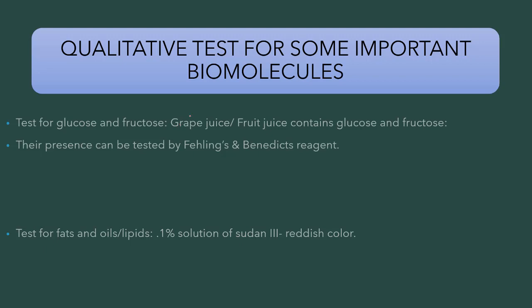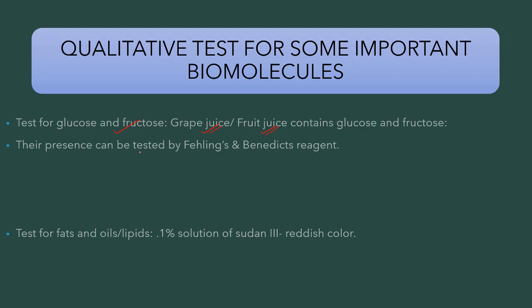Their presence is tested by Fehling's test for glucose and fructose. Glucose is grape sugar, and fructose is fruit sugar. Grape juice contains glucose and fructose. Their presence can be tested by Fehling's test and Benedict's reagent.